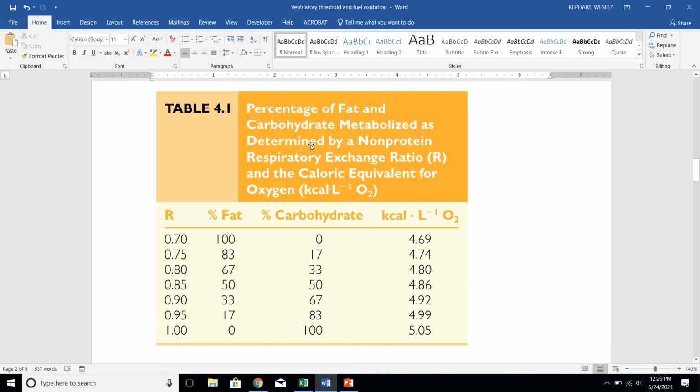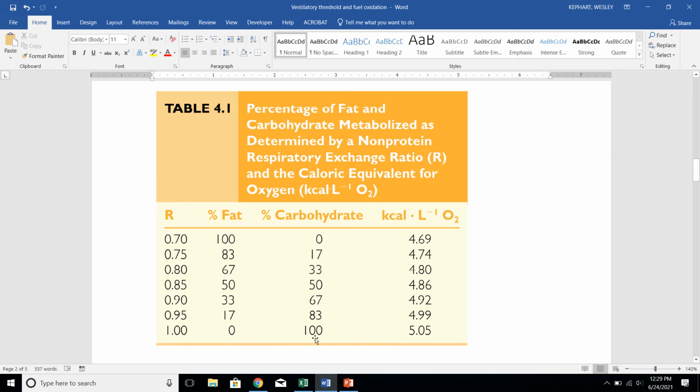So here, this is just a figure I normally show, illustrating a few different things. The respiratory exchange ratio really only ranges from 0.7 to 1, and it can go over 1 at max exercise whenever we're hyperventilating. It just goes from fat to carbohydrates.